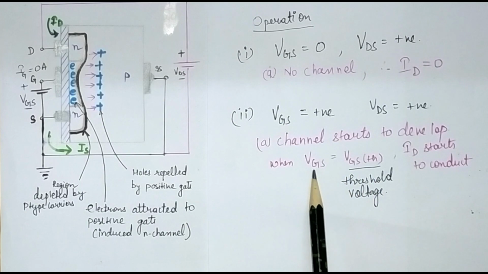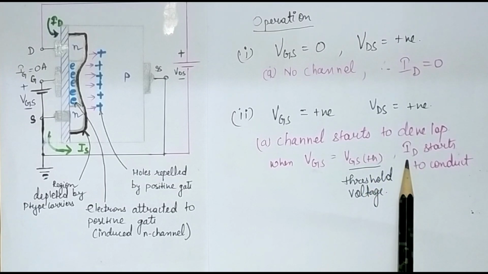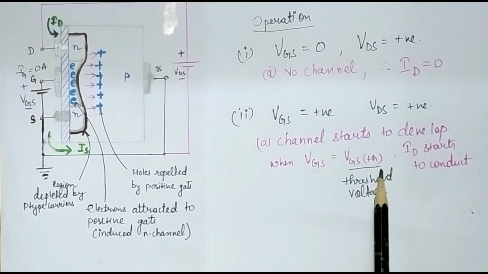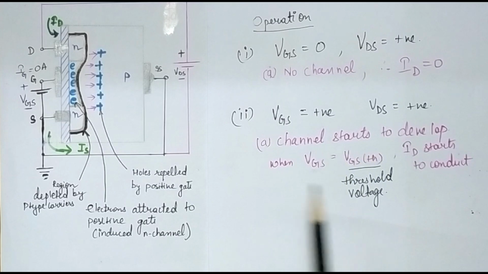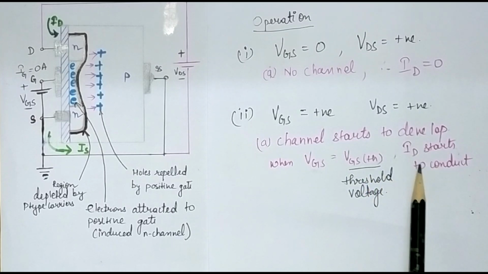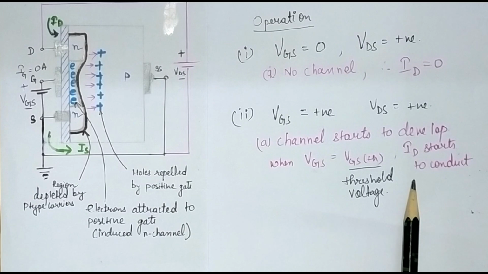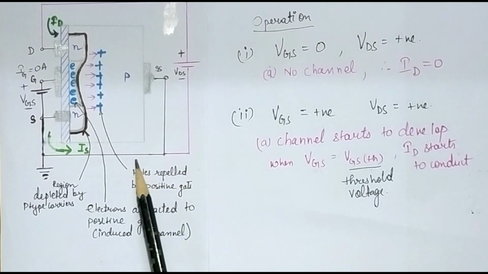When the gate to source voltage reaches this VTH, then the ID current will start to conduct. This is a very important thing. Hence the minimum value of VGS that turns the E-MOSFET on is called the threshold voltage.